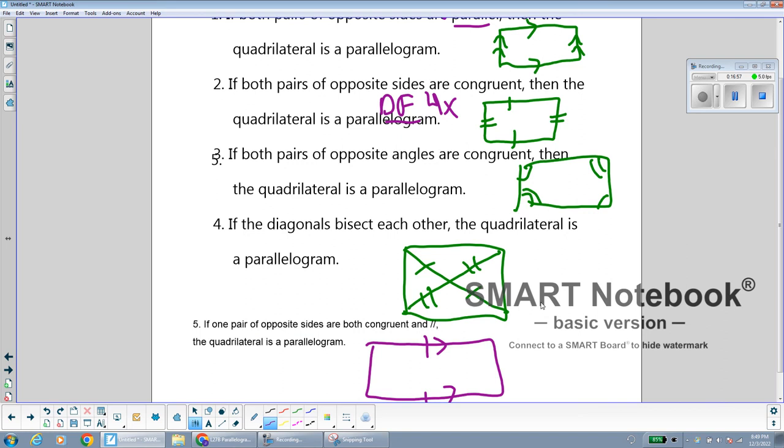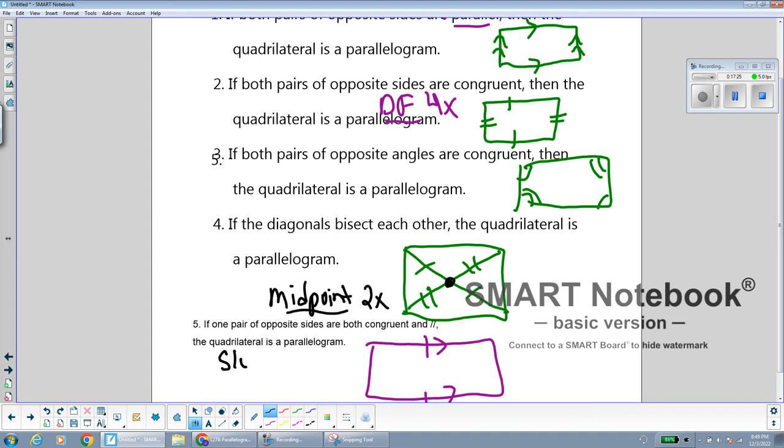If diagonals bisect each other, the quadrilateral is a parallelogram. If the diagonals bisect each other, they should have the same midpoint. So this would involve finding the midpoint using midpoint formula of each of the diagonals and showing that they are the same. So that is 2 midpoint formulas. And finally, we can show that one pair of opposite sides is both congruent and parallel.